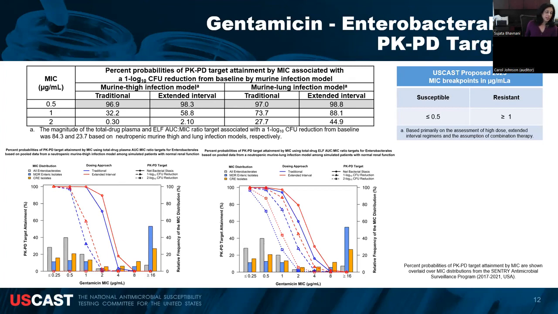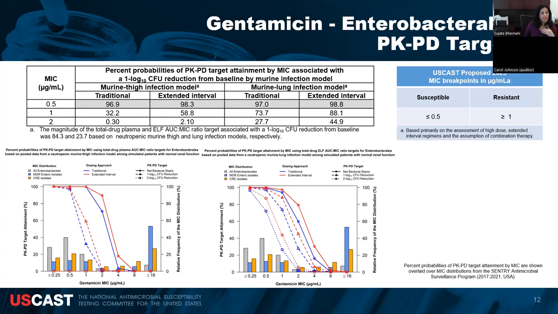And you can see for gent that a 0.5 did very well in terms of percent probabilities of target attainment, achieving percentages that were above 90%. And then resistant was defined as 1. And you can see that data overlaid: all Enterobacterales in gray, MDR in blue, and CRE in orange.